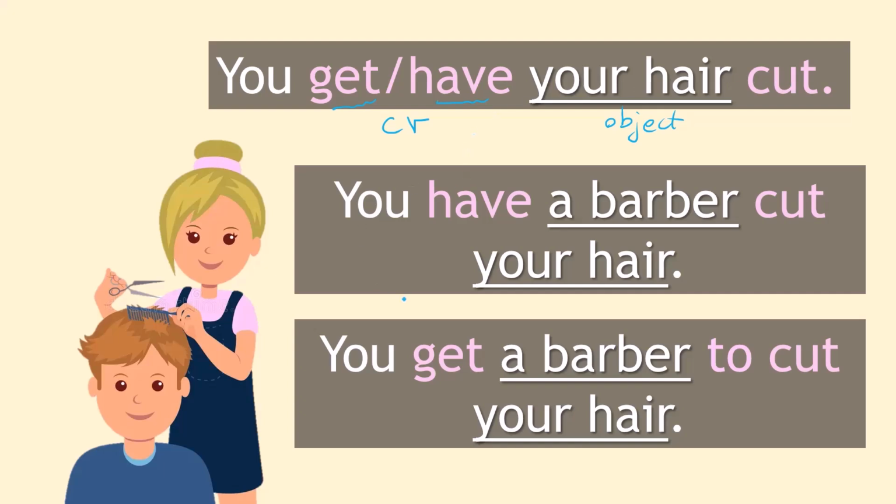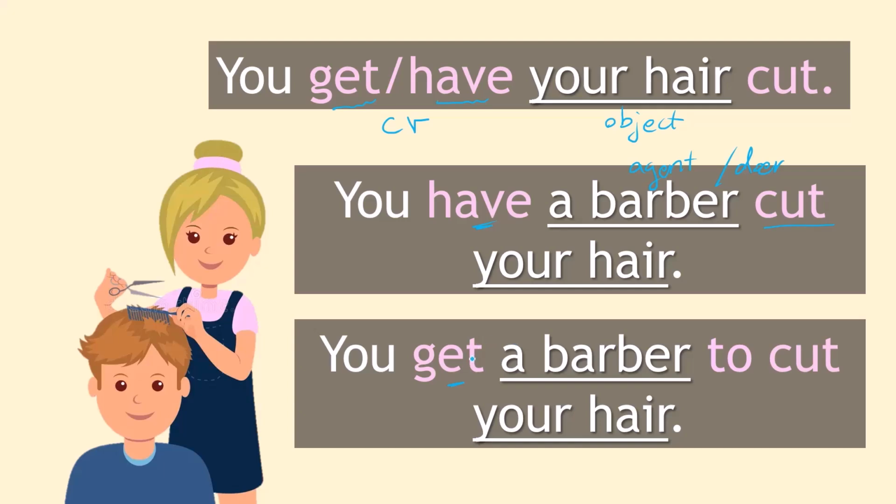But in the next sentences, after have and get, which are the causative verbs, you see the name of the agent, or the doer, a person who does that thing. But with a difference. After the word have and the agent, you see cut, the base form of the verb.